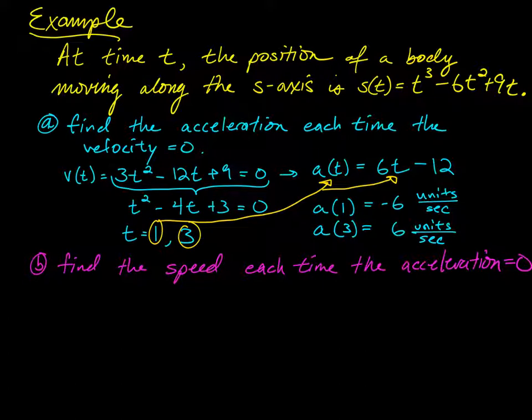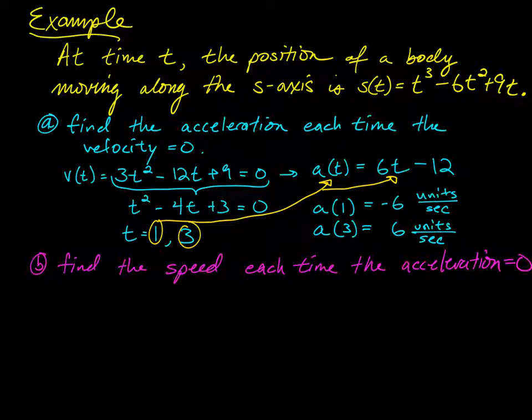Okay, part B. Part B asks to find the speed at each time the acceleration is 0. So we already know what the acceleration function is based on part A. The acceleration is 6t minus 12.